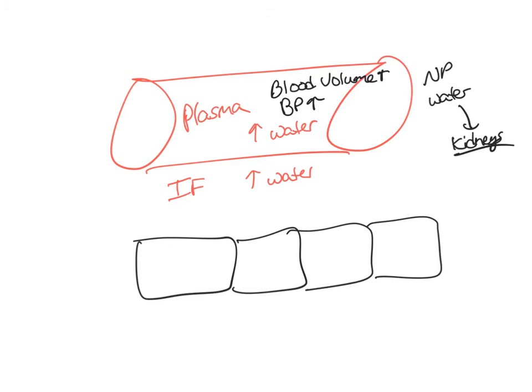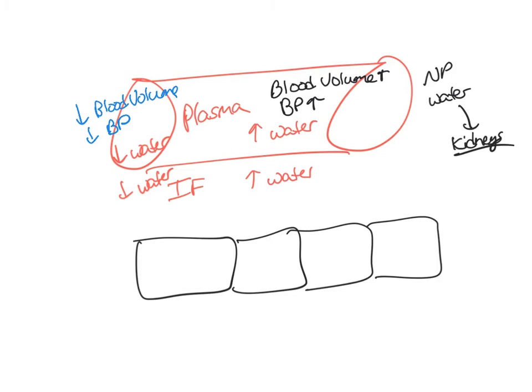If, on the other hand, the extracellular fluid volume decreases, so you have less water in the plasma and less water in the interstitial fluid, then you have a decrease in blood volume and you have a decrease in blood pressure.